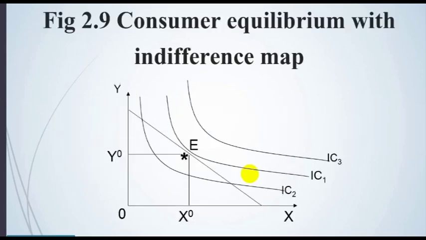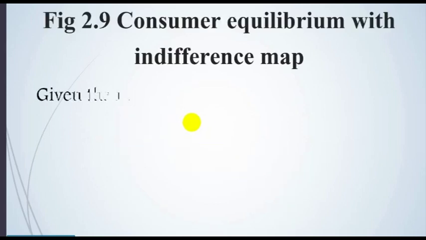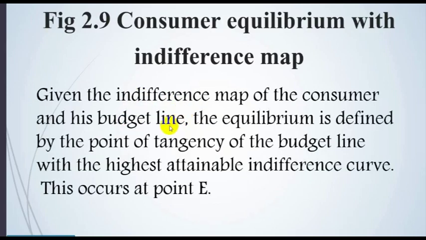Given the indifference map of the consumer and its budget line, the equilibrium is defined by the point of tangency of the budget line with the highest attainable indifference curve. This occurs at point E. Mathematical derivation of consumer's equilibrium.